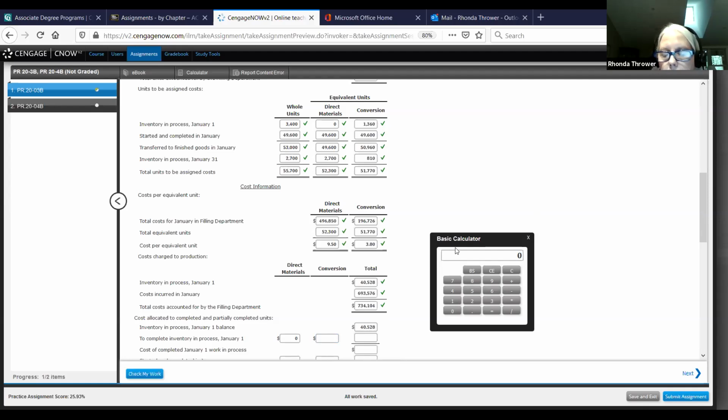Again, I'm going to pick up 1,360 units and multiply it by the conversion cost per equivalent unit, which was $3.80.